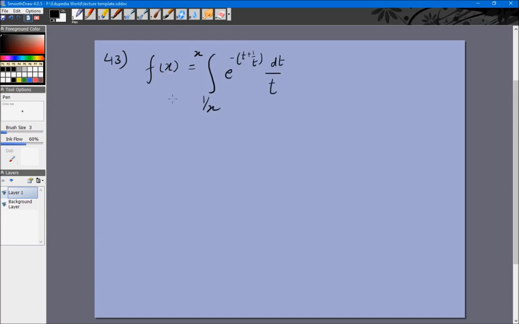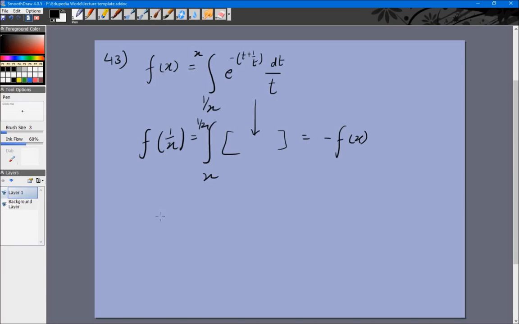So first of all, we can see that f of 1 by x will have the limits x and 1 by x swapped, and this whole term is exactly the same. So this is equal to negative of f of x. So this is the one property fx has: f of 1 by x is the negative of fx.